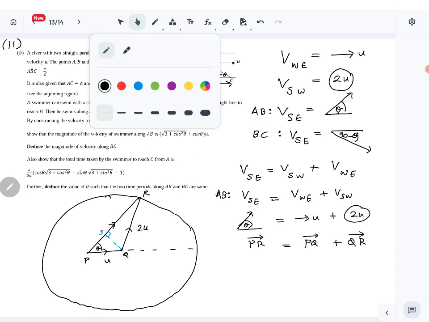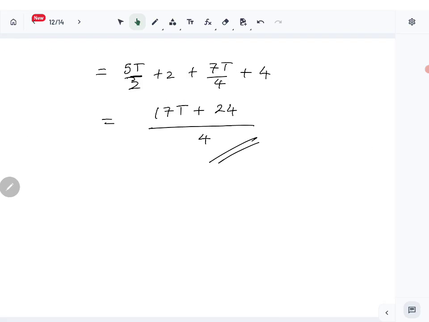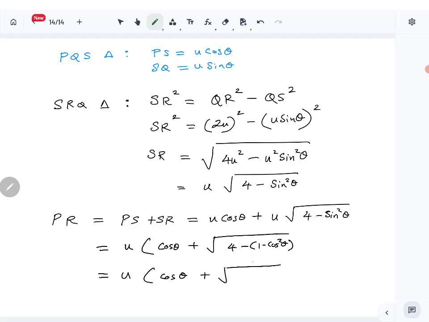Look at the answer and simplify. You want everything in terms of cos, so I just need to get rid of that sine squared part. Replace sine squared theta with 1 minus cos squared theta. Then you have the answer. Take the u out: cos theta plus the square root of 4 minus (1 minus cos squared theta). Simplify: 4 minus 1 is 3, so 3 plus cos squared theta.